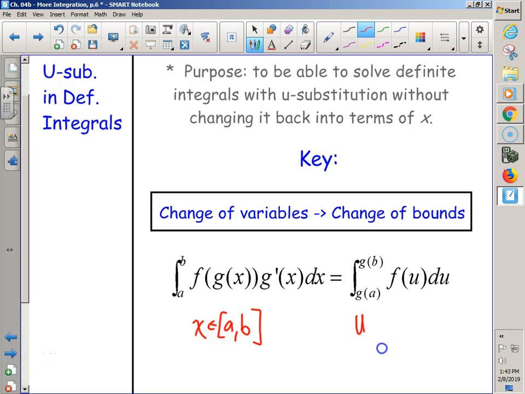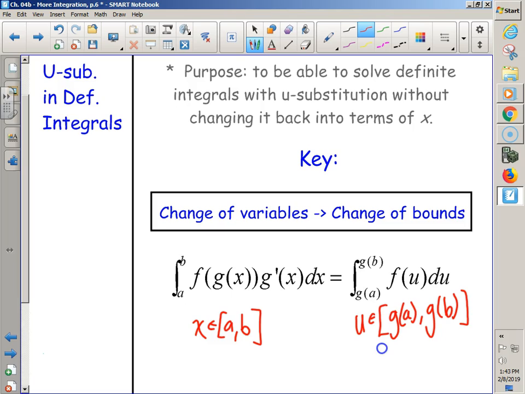Here's a sad thing. What if it's a definite integral and you did perfect u substitution and then you went ahead and anti-derived perfectly and then you went back in terms of x's and you plugged in the x bounds perfectly and your answer is perfect. But you wrote the integral with u's and x bounds.